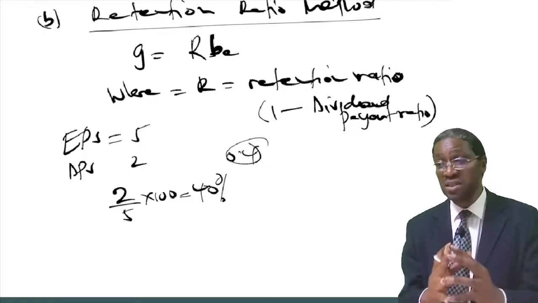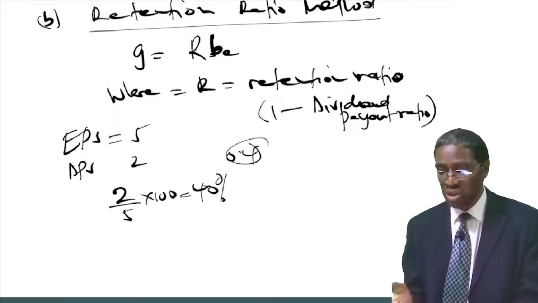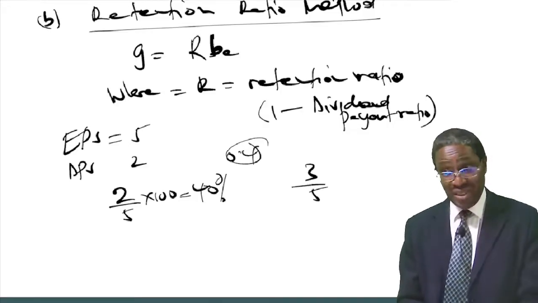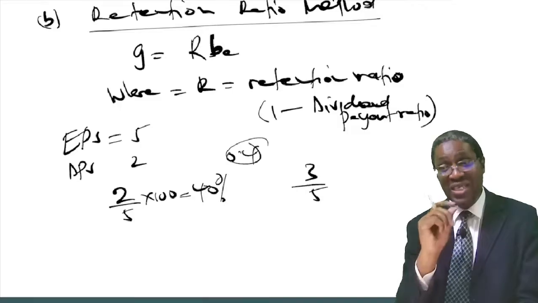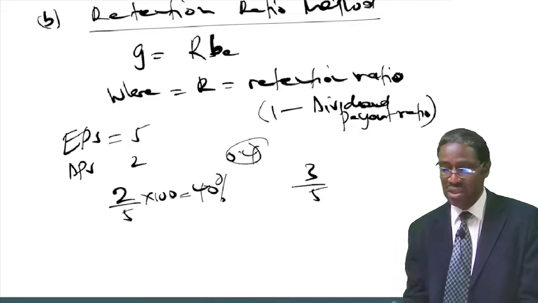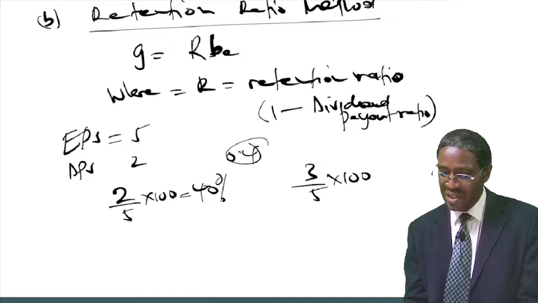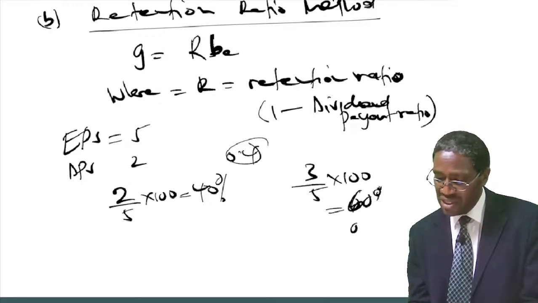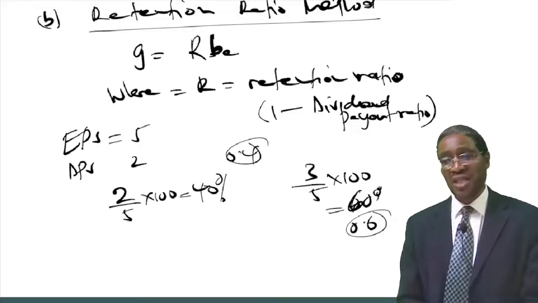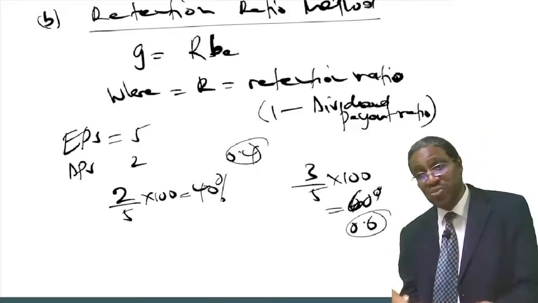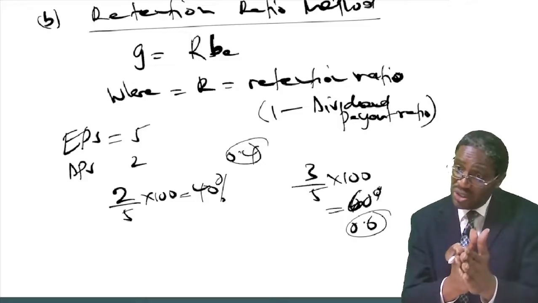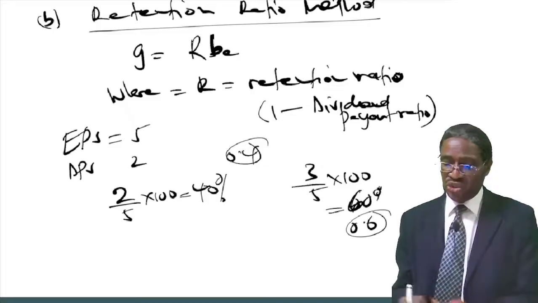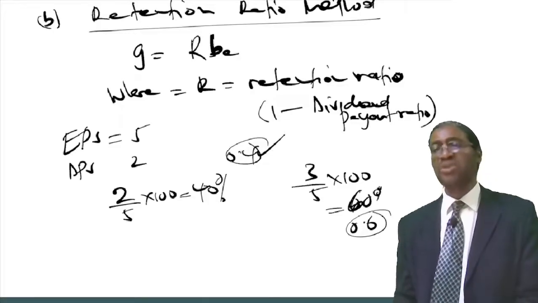They retained 3. The retention ratio is 3 divided by 5 times 100, the amount they retained in the company as retained earnings, which is 60%, the same as 0.6. Otherwise, you can get the 0.6 by taking 1 minus the dividend payout ratio, which was 0.4.